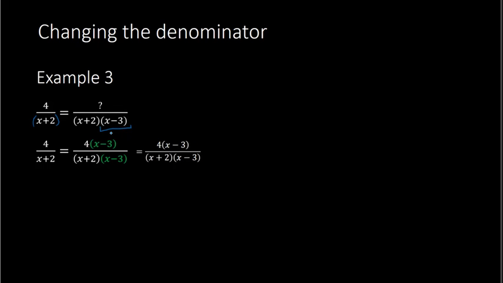So now the question is, how do we know what we want our denominators to be? Like, how do we know it's supposed to be x plus 2 times x minus 3? Well, the whole purpose of changing the denominator is for addition and subtraction of fractions. So in this lesson, we're just dealing with how to convert into a new fraction, and in later lessons, you will learn how to use those to then add or subtract.